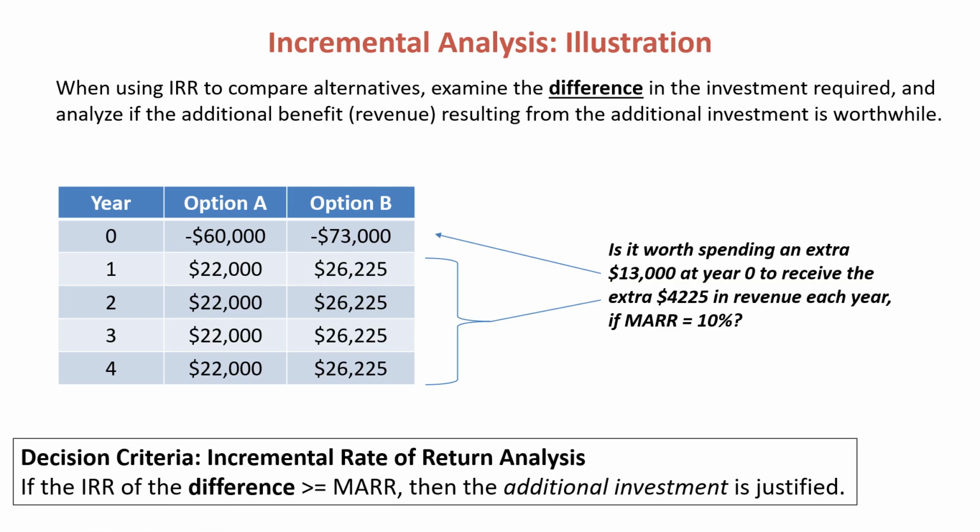And so here, the decision criteria for incremental rate of return analysis is find the IRR of the difference, and then if it's greater than or equal to the MARR, then the additional investment is justified. What does that mean, additional investment? The difference it costs. And so let's say that the incremental IRR is above the MARR. Should you get the more expensive option or the cheaper option? The more expensive. So by additional investment, I mean the extra cost for the more expensive alternative.